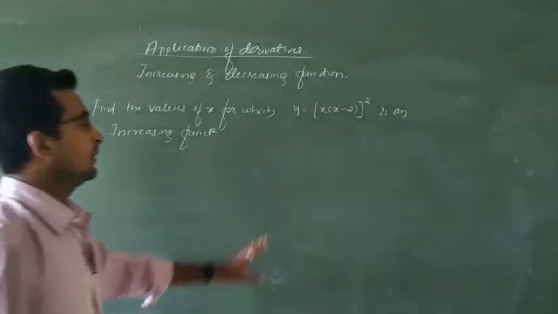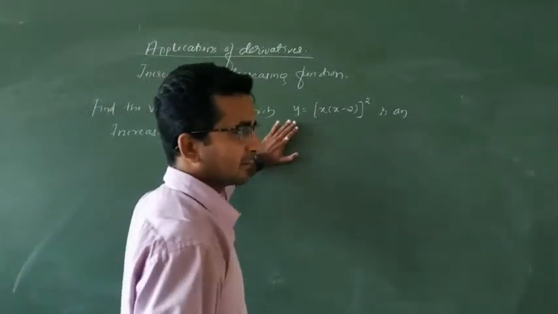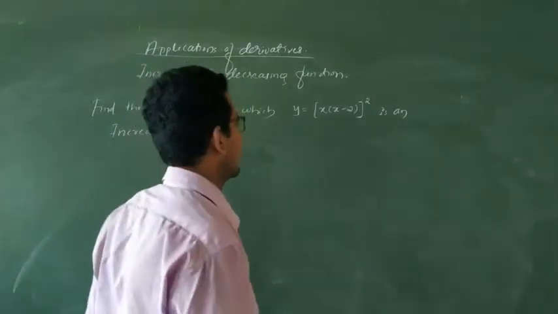So we have to find this. Either you can consider this one as f of x also, no problem. y is nothing but we can consider as f of x.